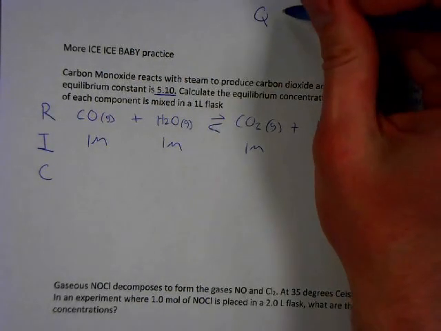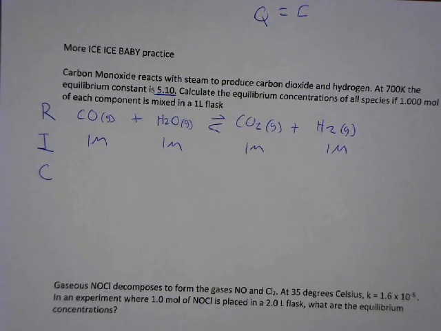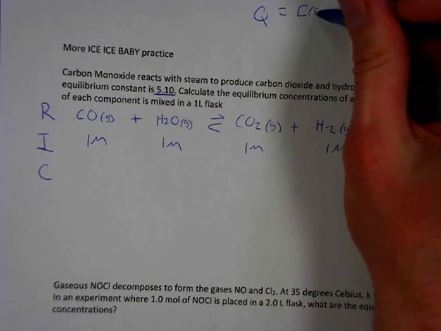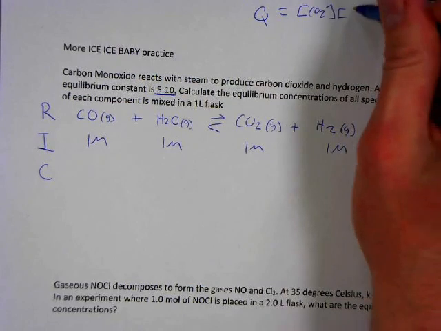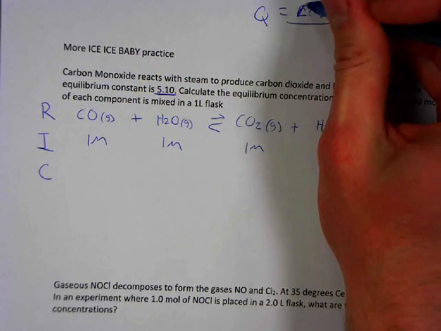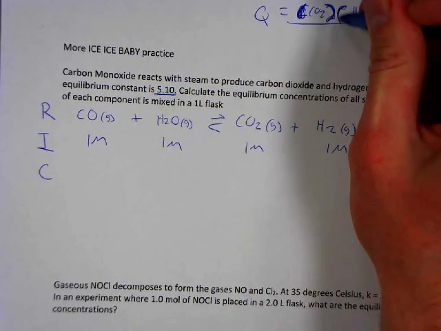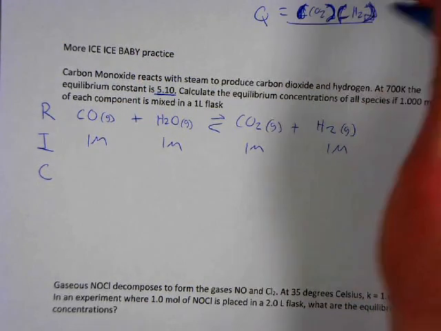Do I have initial concentrations? Yes. So Q is equal to, for my Q expression, the concentration of CO2 times the concentration of H2 over the concentration of CO times the concentration of H2O. These are gases. Good call.